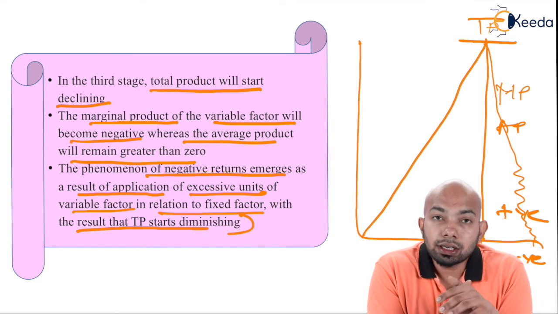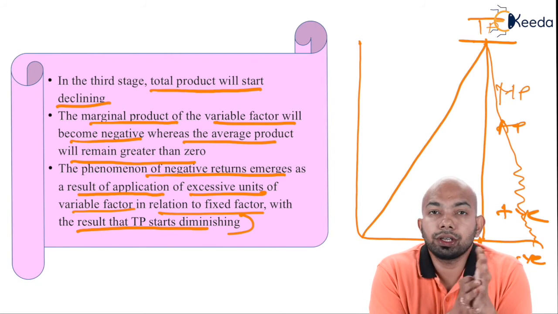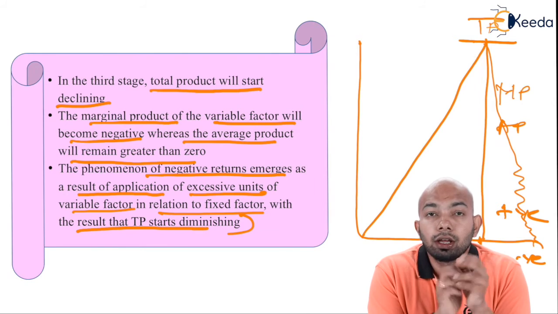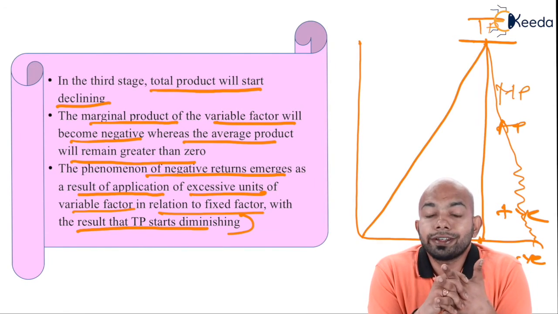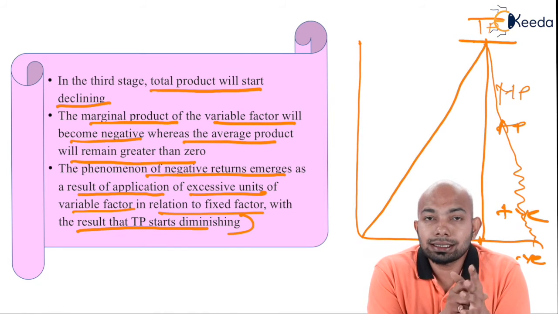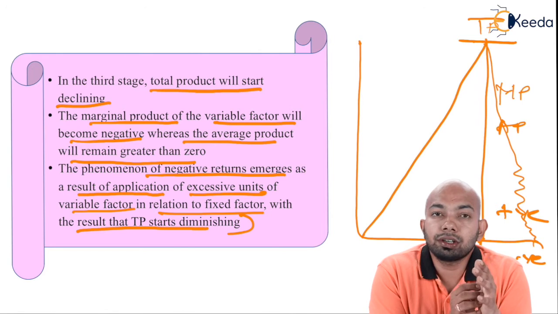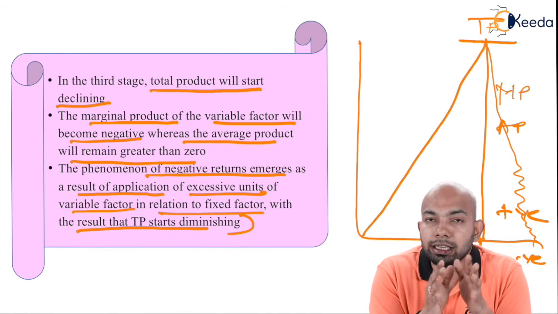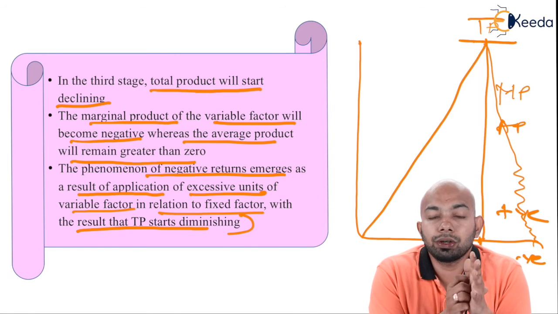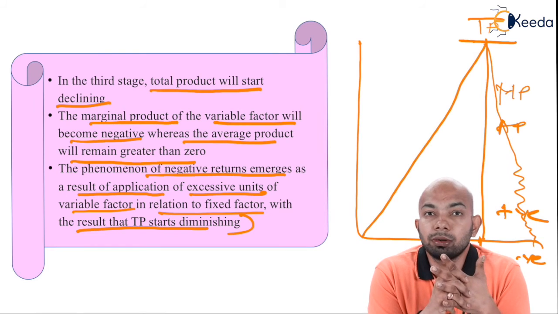As we have seen, the total productivity goes on diminishing once stage 3 comes into the picture. In stage 3, the last stage, marginal productivity goes below zero and average productivity is about to reach the zero limit, so total productivity of any product starts declining, and that's when you understand that you have reached stage 3, the last stage of the law of variable proportion.